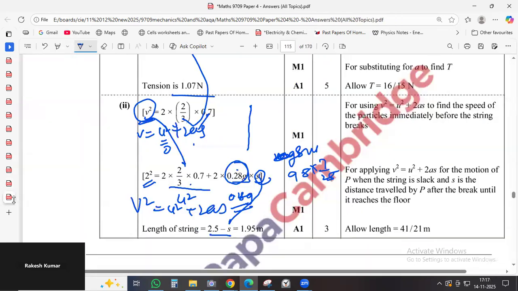That's what he's doing here. Length of string is 2.5 minus s. S is the distance where it increases speed from this value to 2 with an acceleration which is different from the initial acceleration, because now the string is broken. It is not 2 by 3 now. It is this because it's falling under its own weight. Did you understand?